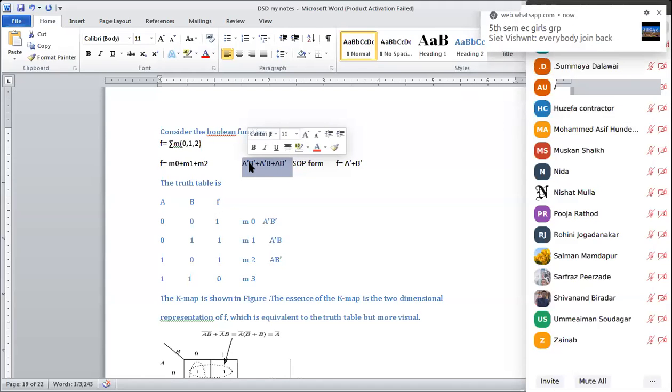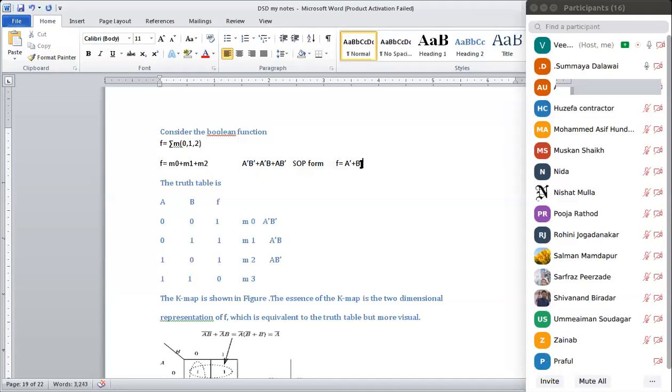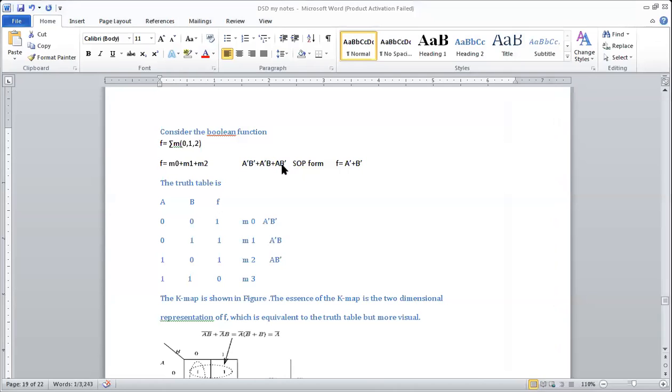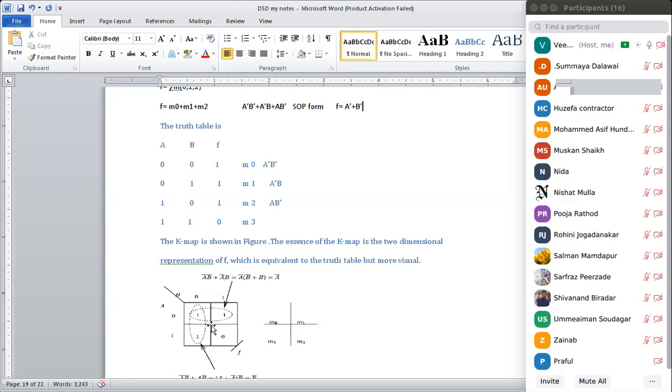I require AND gate, OR gate, NOT gate. How many? I require 3 AND gates here. But here I don't require any AND gate, I require only OR gate and NOT gate. And that too, only two NOT gates plus one OR gate is sufficient to implement the whole equation. Okay, so it is very easy to implement by solving through a K-map. Now this is a standard SOP.